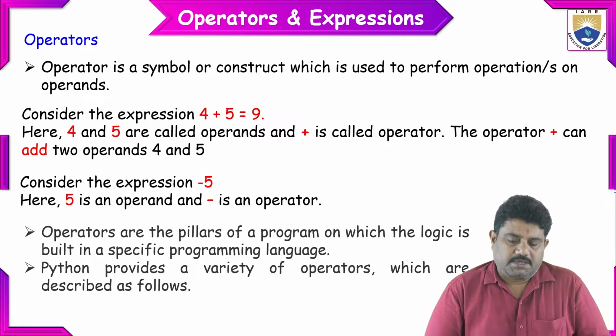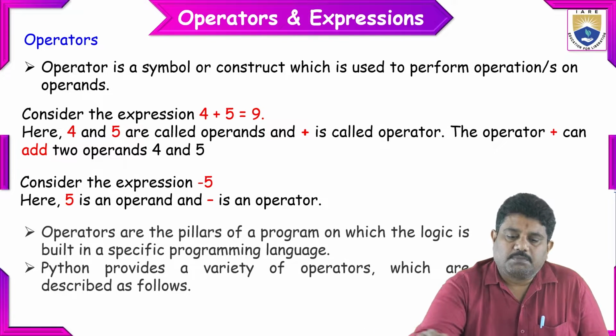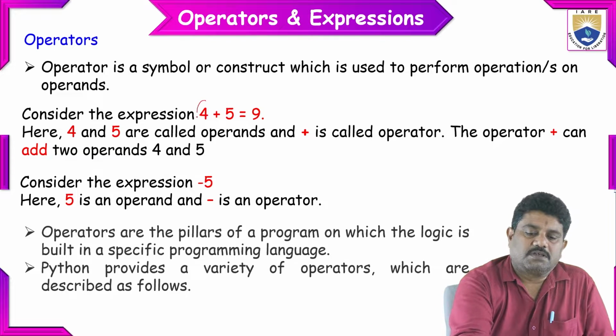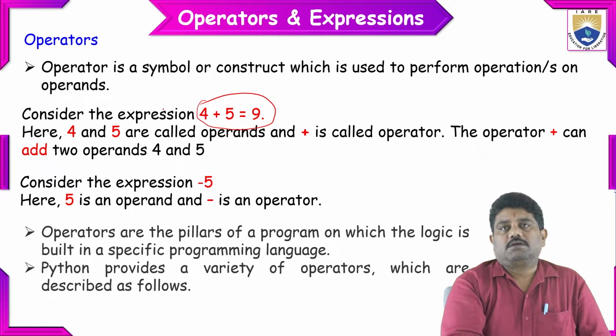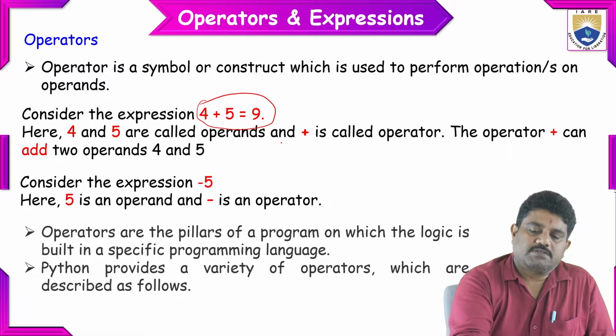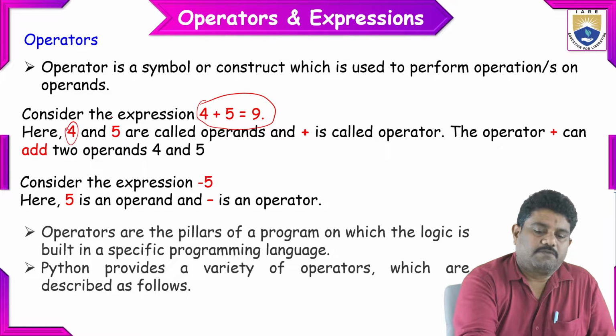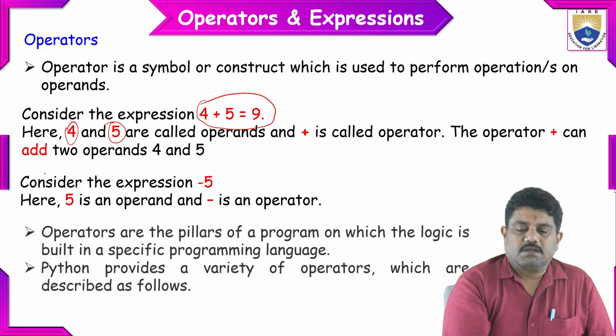For example, see this example: 4 plus 5 equal to 9. In that 4 plus 5, plus is an operator. Consider the expression 4 plus 5 equal to 9. Here 4 and 5 are called operands, and plus is called an operator.